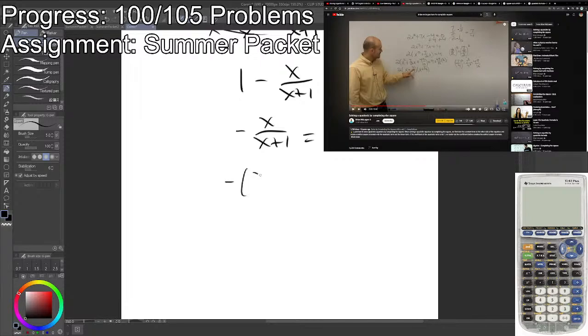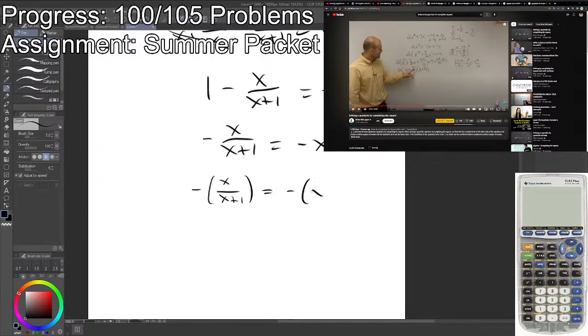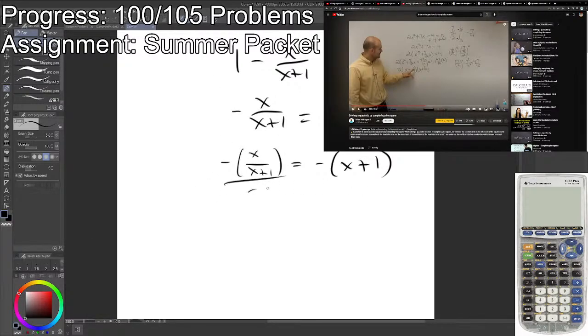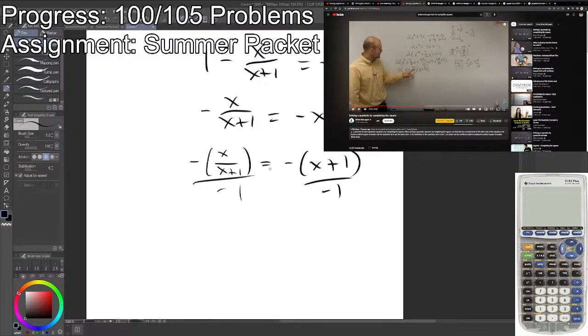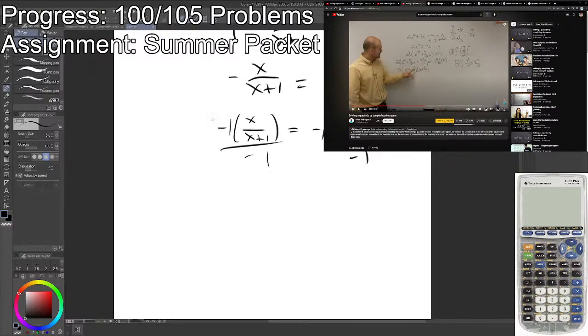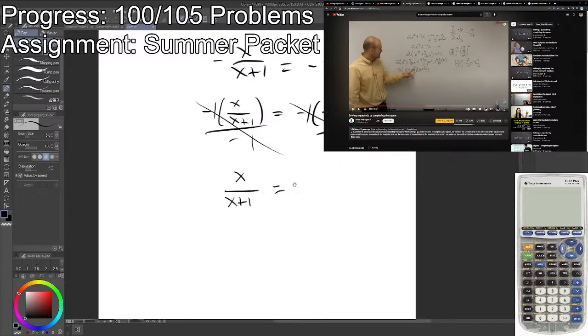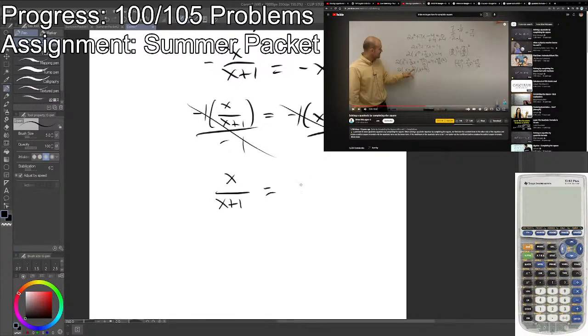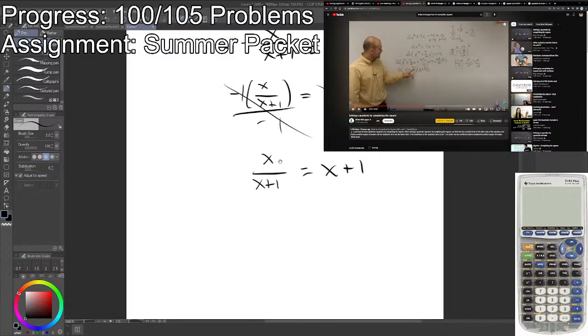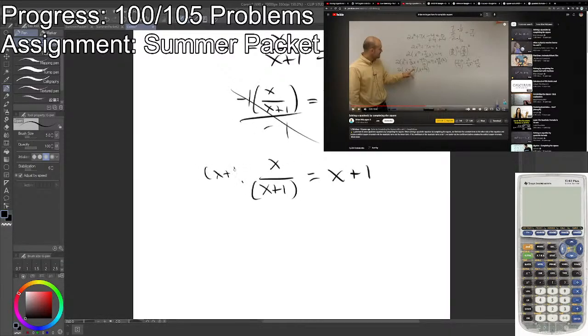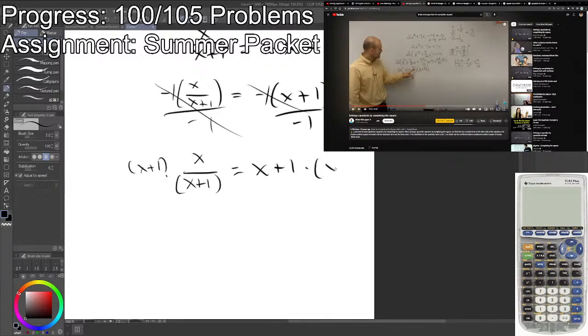Factor out a negative. Multiply by x plus 1, both sides, maybe.